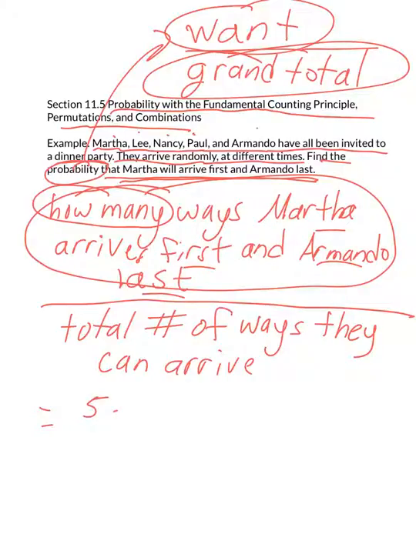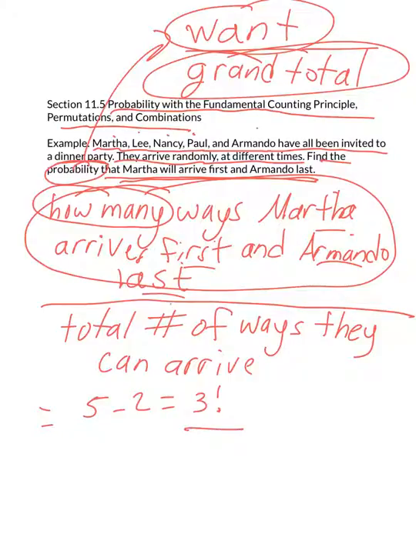Well, there are 2 restrictions, Martha coming first and Armando coming last, which gives us 3, because 5 minus 2 is 3. And the remaining people, to count the number of ways that they can arrive in between Martha and Armando, gets a factorial. This was discussed in the very first video in chapter 11.